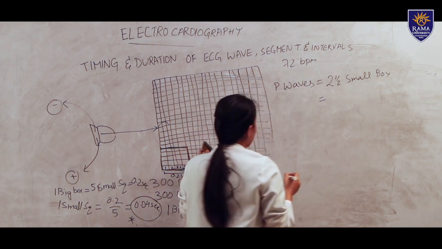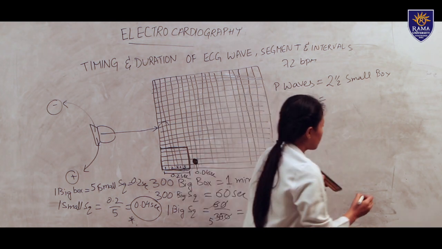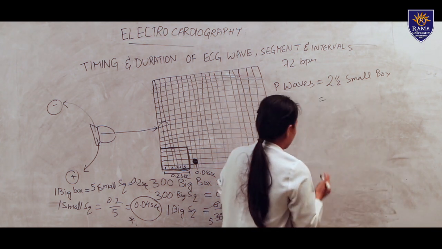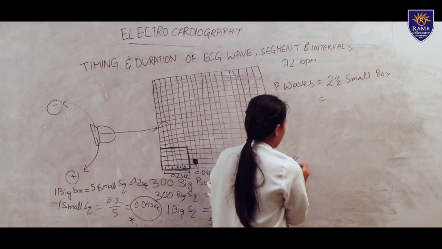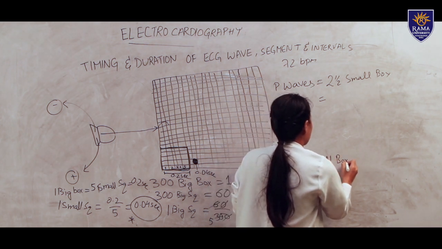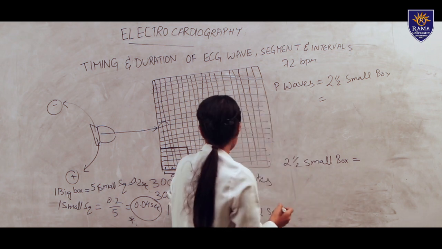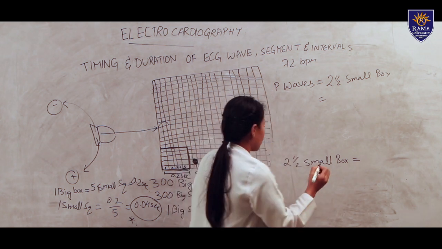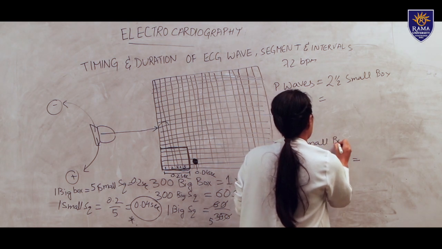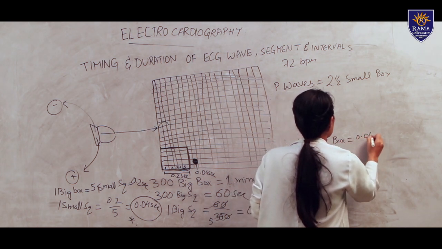So 2.5 boxes is nothing but, small box means, in a small one box, one small box is equal to 0.04 seconds.